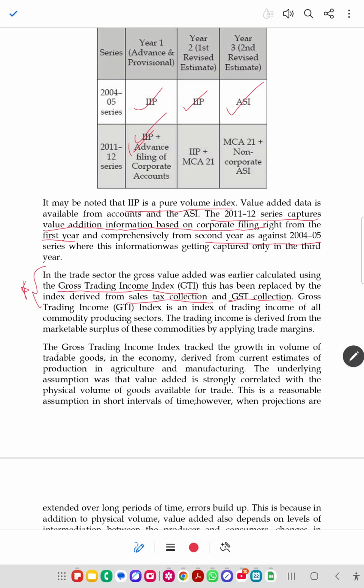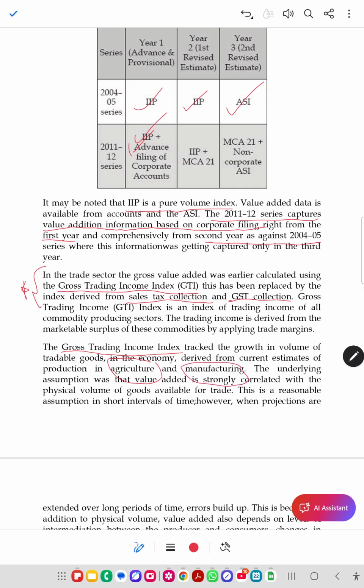The gross trading income index tracked the growth in volumes of tradable goods in the economy, derived from current estimates of production in agriculture and manufacturing.